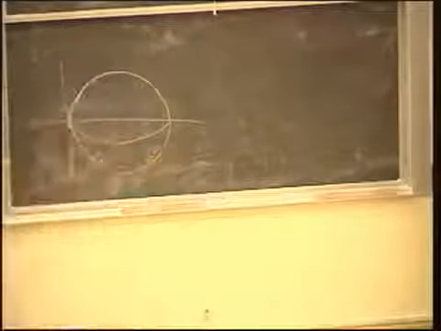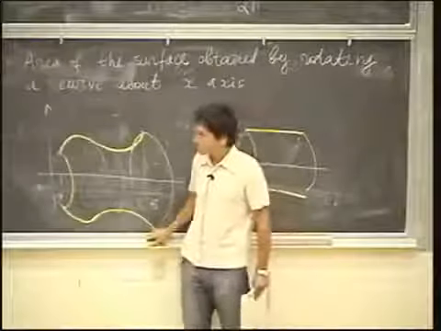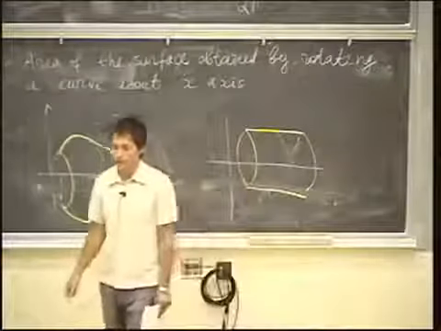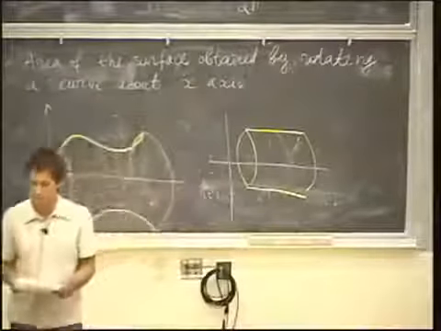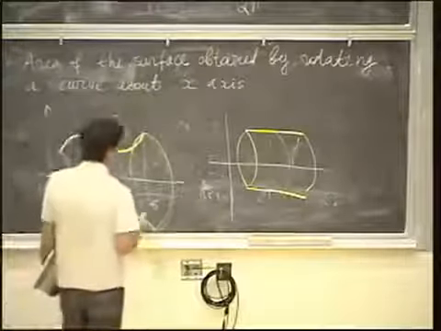So this is kind of a generalization of a sphere and a cylinder at the same time. So it's very useful to know what the surface area is. For instance, this way you can derive the formula for the area of a sphere, which is very useful.